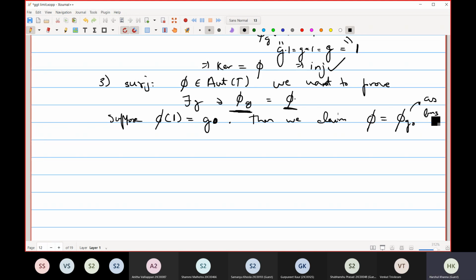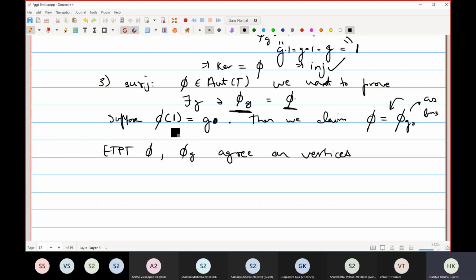So we want to prove they agree on every vertex. This equality needs to hold on every vertex and every edge. But note, since edges are determined by your vertices, because of the group action definition and automorphisms, it is enough to prove that phi and phi G naught agree on vertices.